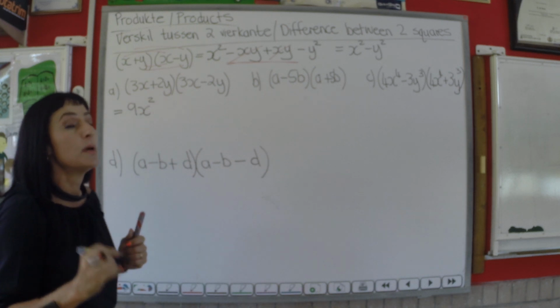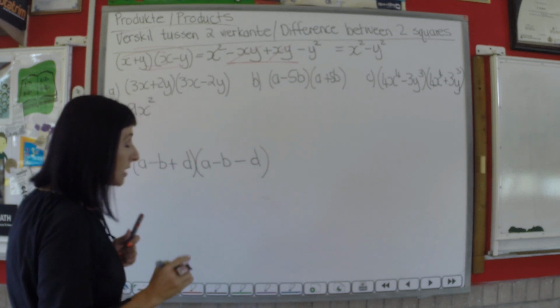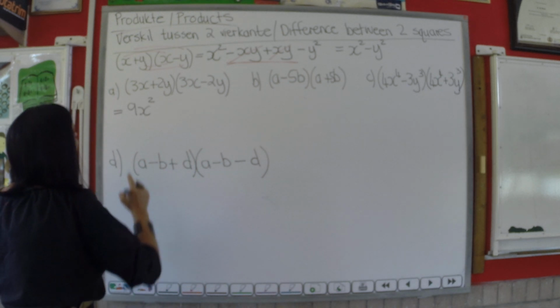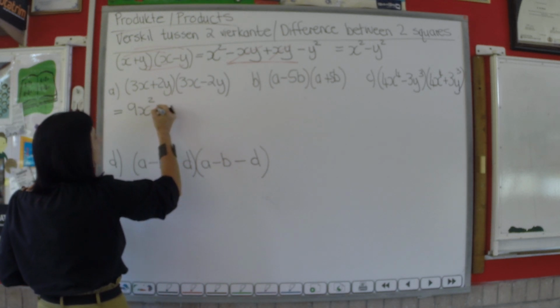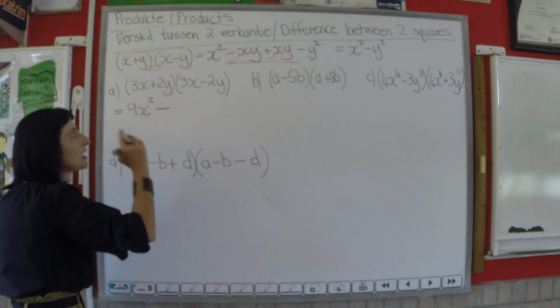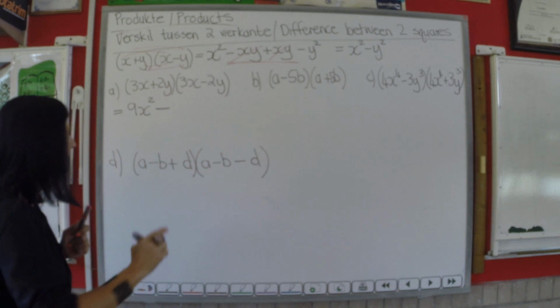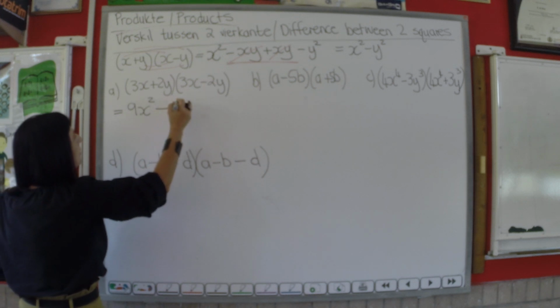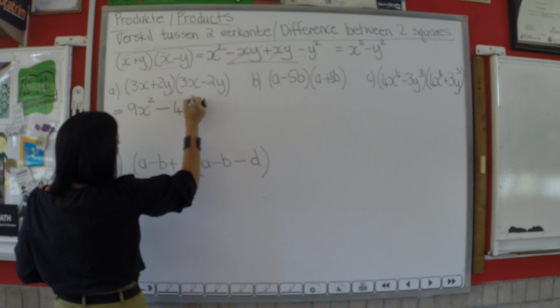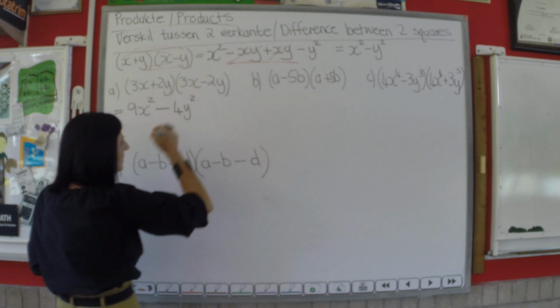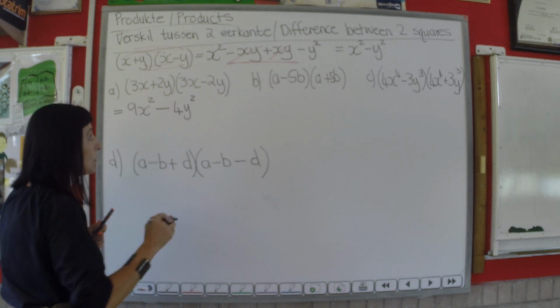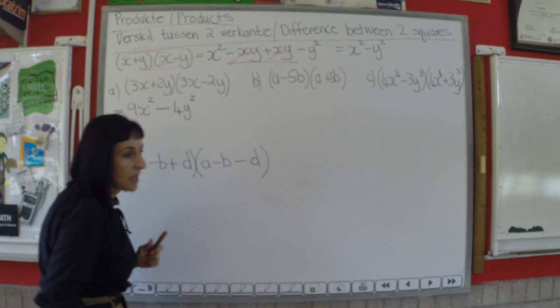Ek weet daar is middelterme, maar hulle eet mekaar. I know that. En dan het ek 'n plus maal 'n min, want dis die verskil en die verskil is altyd the difference. It's a negative 4y squared. Not necessary to do all that work, although I know there was two middle terms and the one ate the other one.